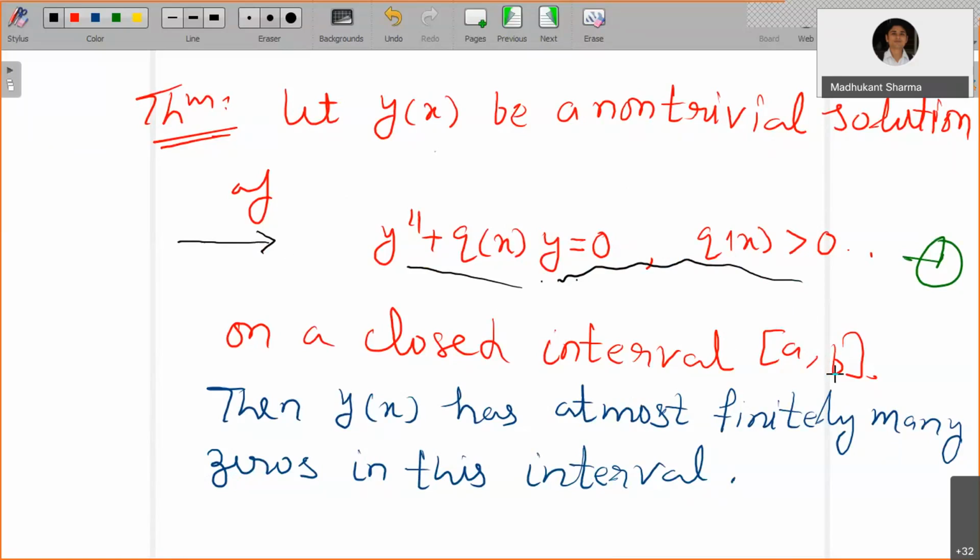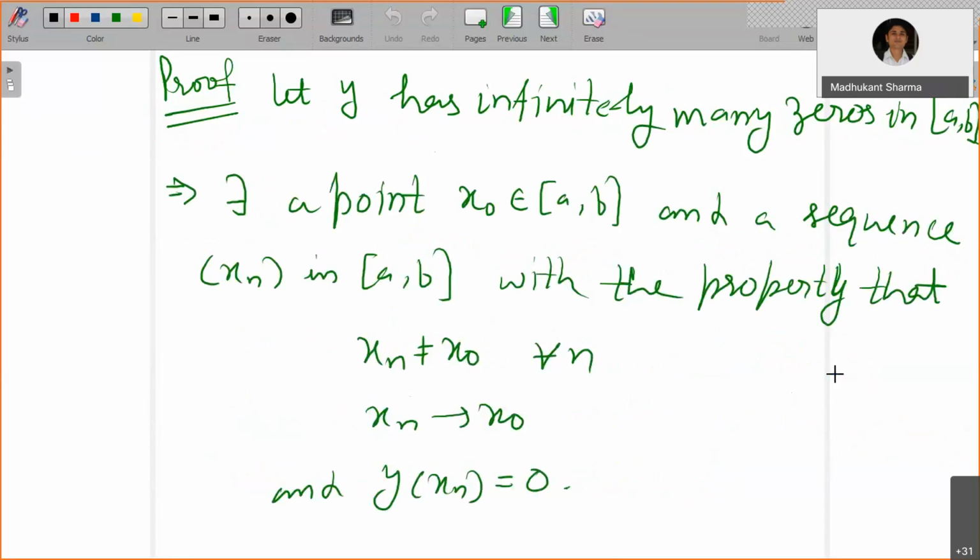What will happen in this case? If you have infinitely many zeros, then there is a sequence of distinct zeros converging to a point x0. So let y have infinitely many zeros in the closed interval AB.